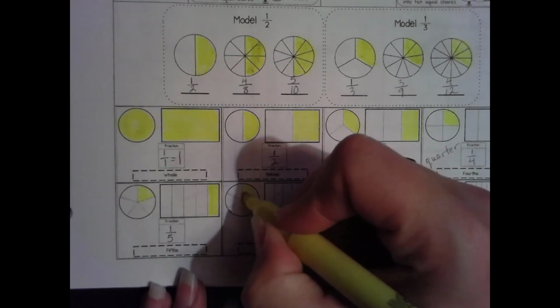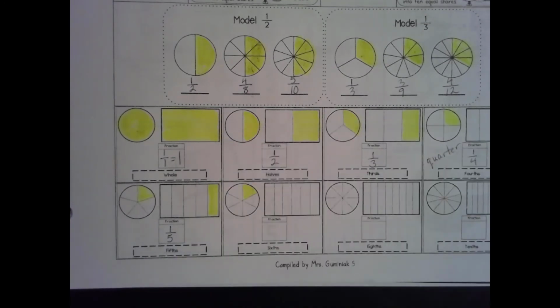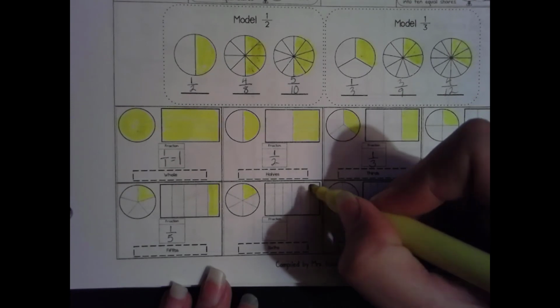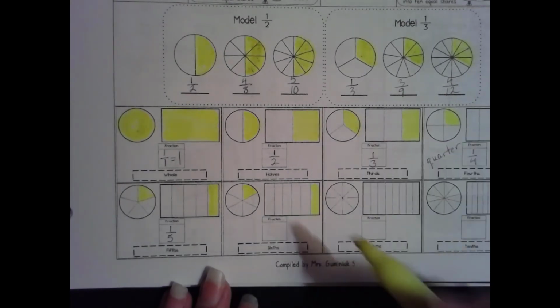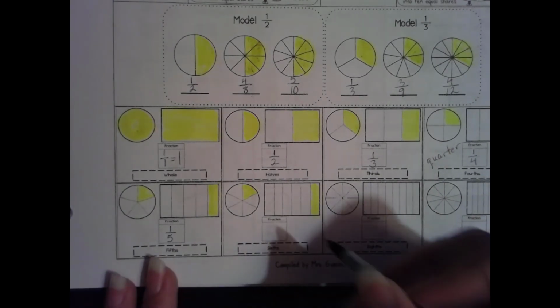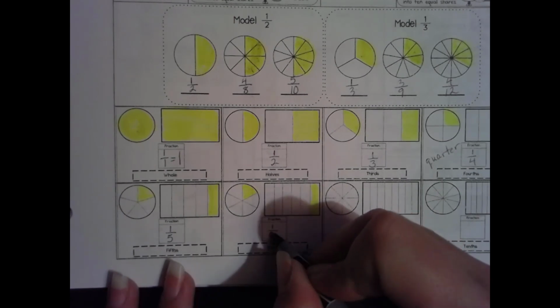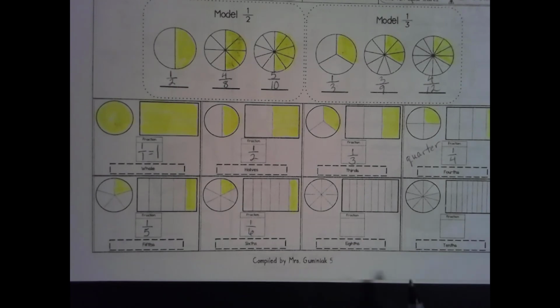Okay, we have 1/6 there. Now this is a case where the pieces didn't all end up the same size. This one's a little skinny, but they're pretty close. So we have 1/6, which is sixths. Now you may notice we don't have sevenths and ninths.